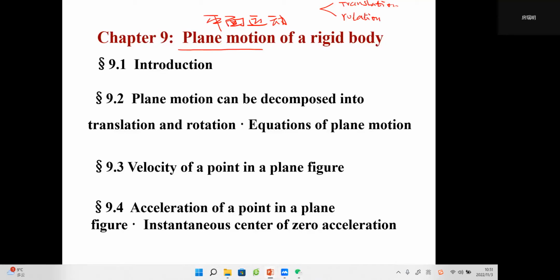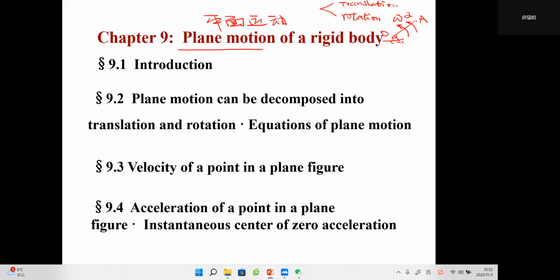Another simple motion of a rigid body is rotation around a fixed point. If we have a body like this, let's say OA, and it has a uniform angular velocity, then for any point on this rigid body, we can very easily find its velocity and acceleration, right? Let's say this rigid body is a little bit more complex. It also has angular acceleration.